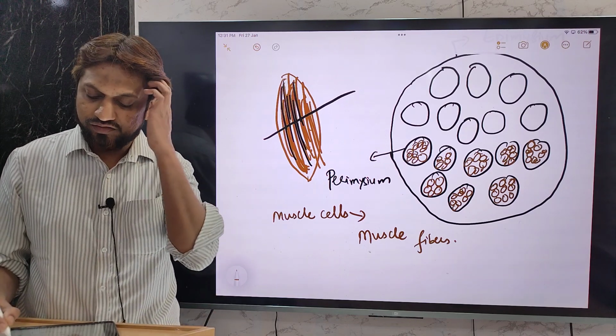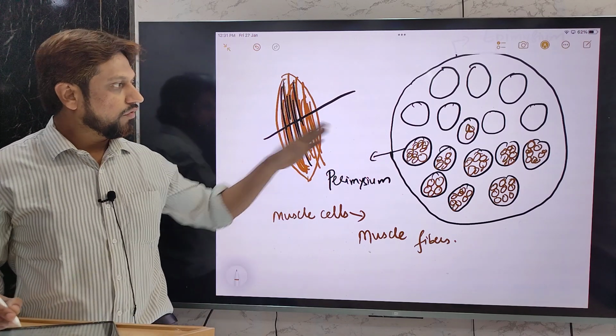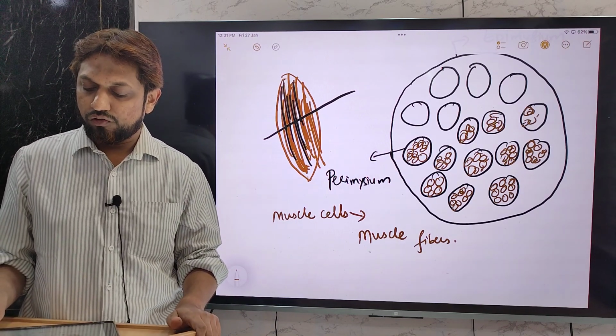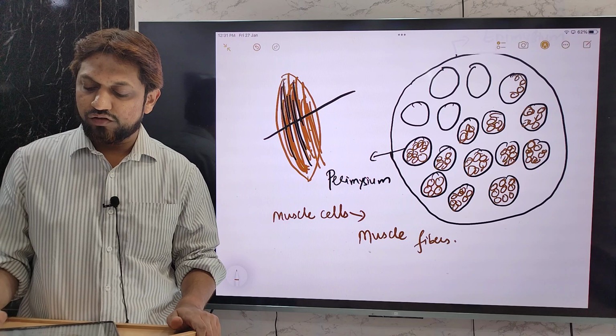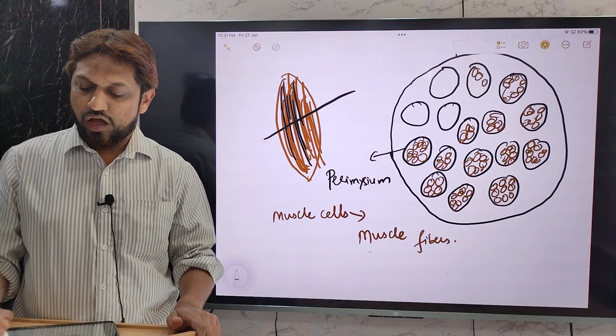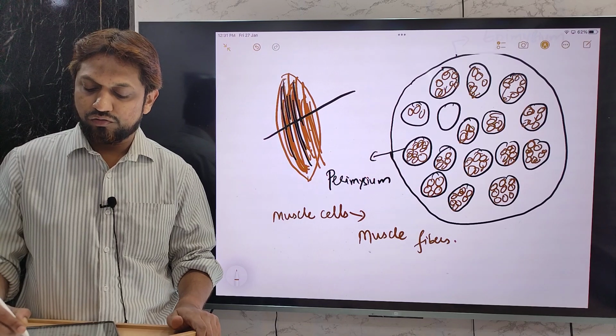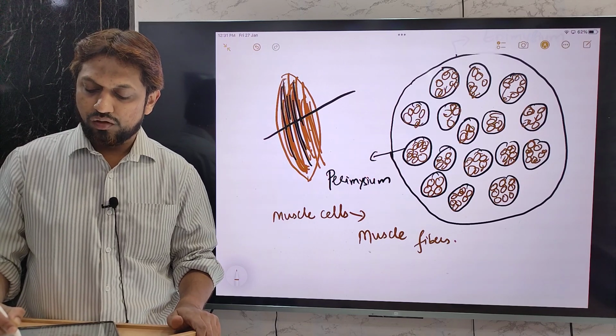If you see a cut section of the muscle, you will find this type of structure. Firstly the outer covering, known as epimysium, then the fascicles covered by connective tissue known as perimysium.